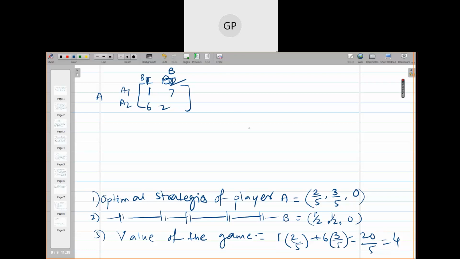I hope others can do the algebraic method. I'm not going into that now. So this is how we can apply the dominance principle. Now we will have one example where clear dominance cannot be seen, but we will have to apply average. Okay. So that we will check now.